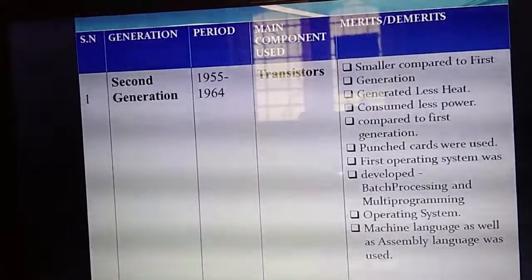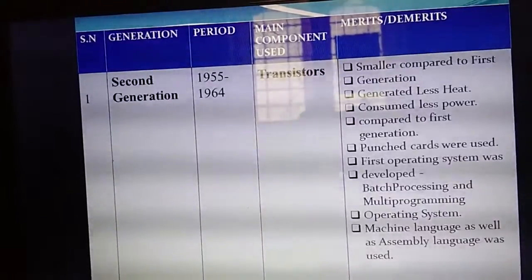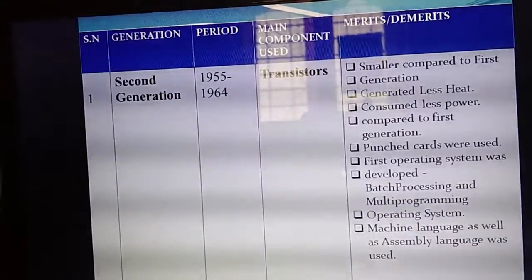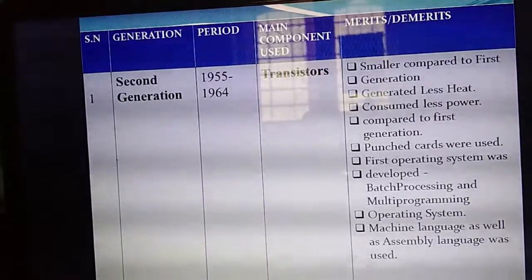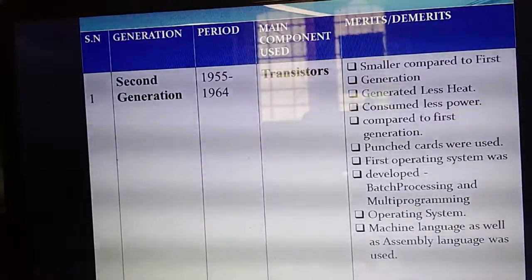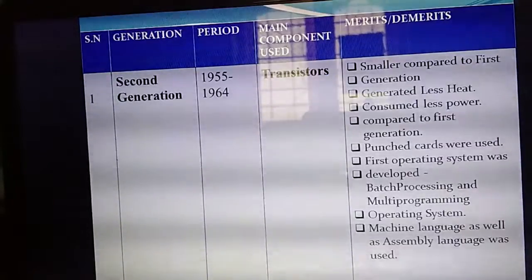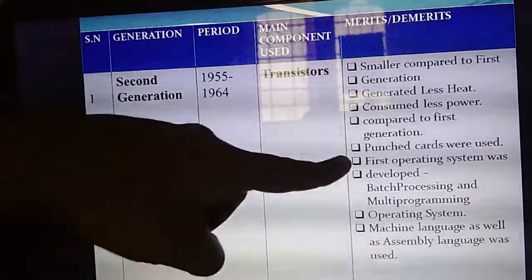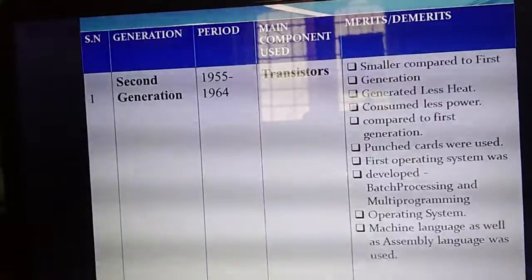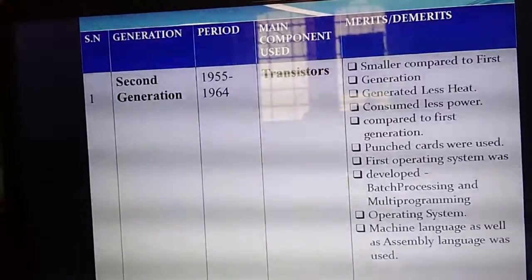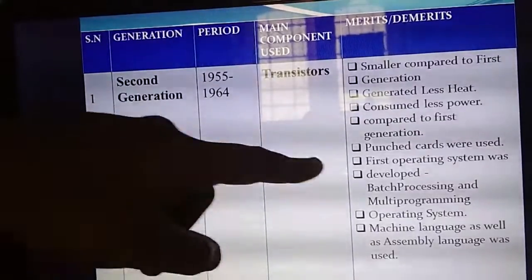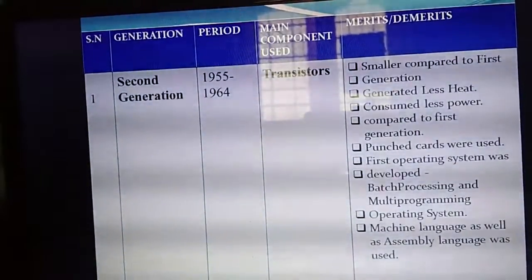Most of the disadvantages faced in the first generation were overcome: size is very small, it generates less heat, and power is also very low compared to the first generation. Which cards did they use? Punched cards. In the second generation they introduced the first operating system: batch processing and multi-programming operating system.